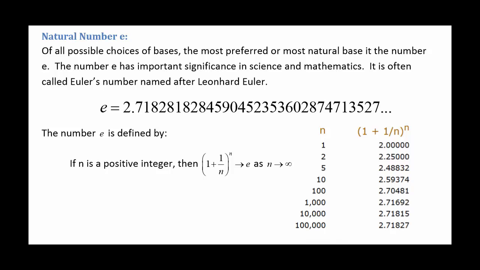This is what we refer to as the natural number, meaning out in the real world. If you look at seashells or patterns of growth in populations, people having babies, you typically find this constant that shows up in the way that the growth and the patterns are measured.